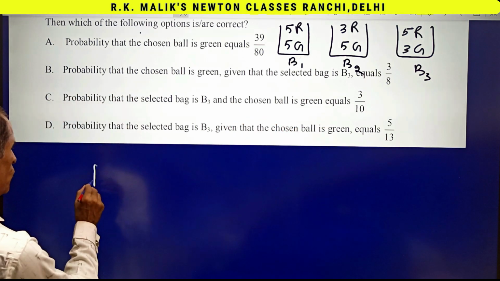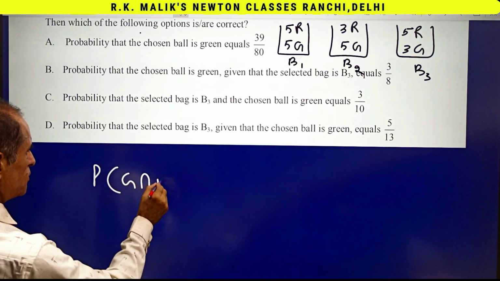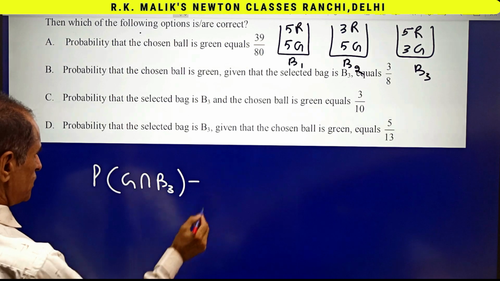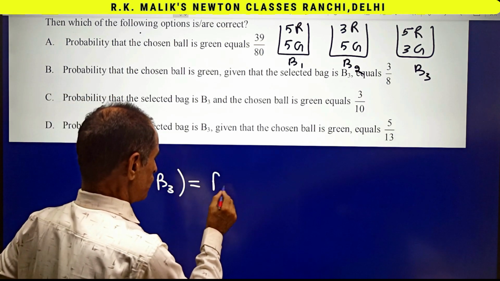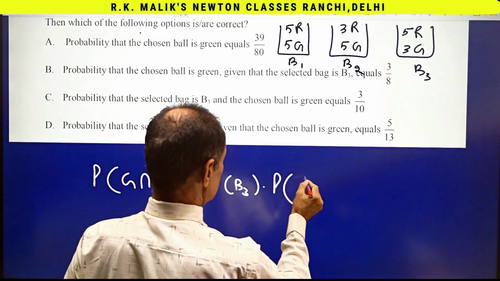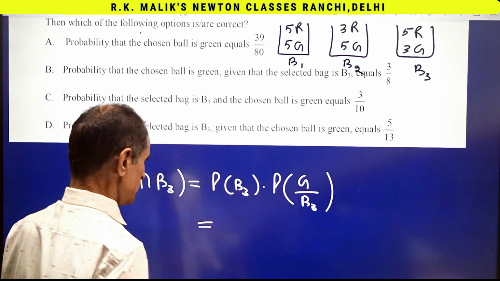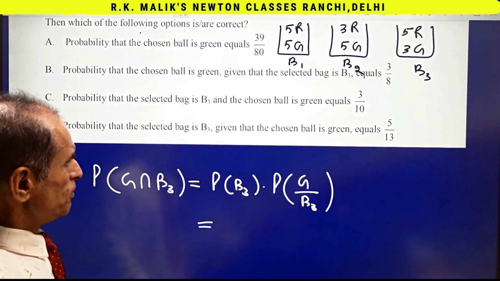That is, we have to find the value of the probability of G intersection B3, which can be written as the probability of B3 times the probability of G when B3 has already happened, the formula of conditional probability.